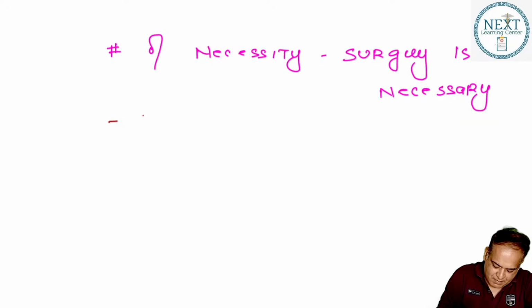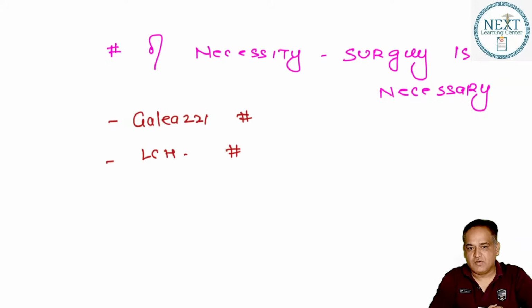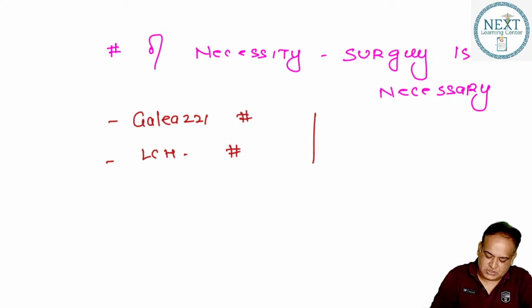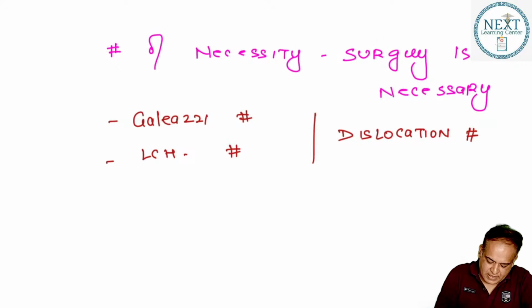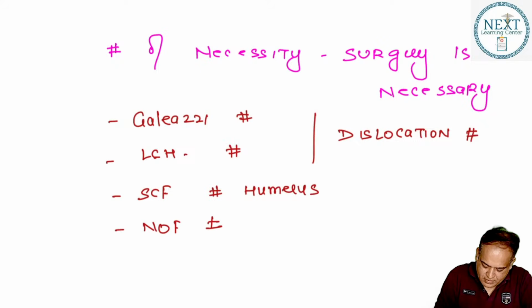For example, Galeazzi fracture, lateral condyle of humerus fracture, where there is dislocation already present. Even supracondylar fracture of humerus, and neck of femur fracture.